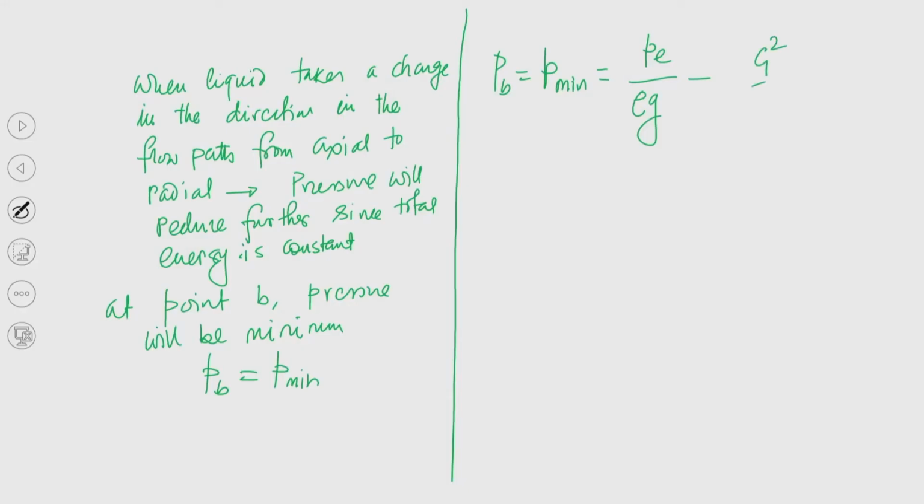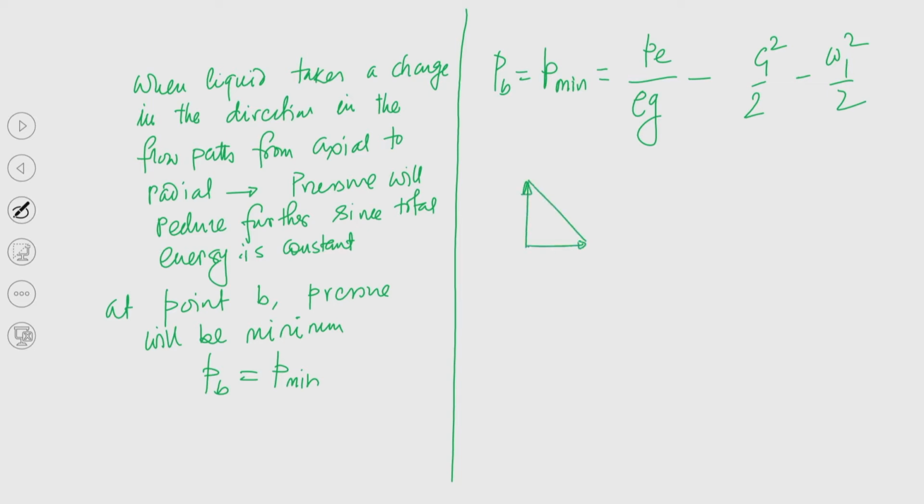So, this is less than P by an amount which is equal to C1 square by 2 minus W1 square by 2, right. So, that is what we have written, C1 square by 2 plus W1 square by 2. Okay. So, you know that this C1 and W1, that means if we try to draw the velocity triangle, say this is point E, at this point there is no swirl.